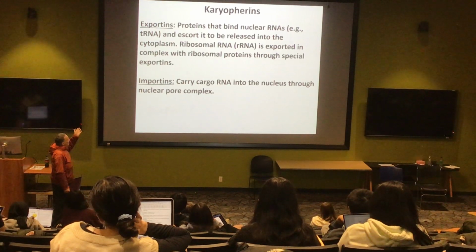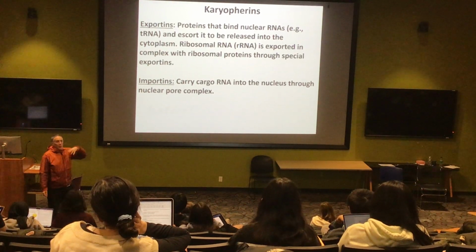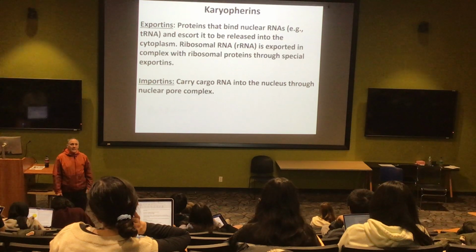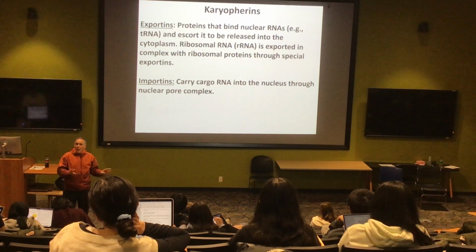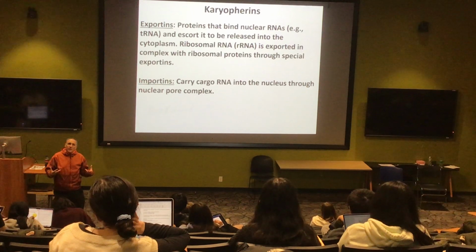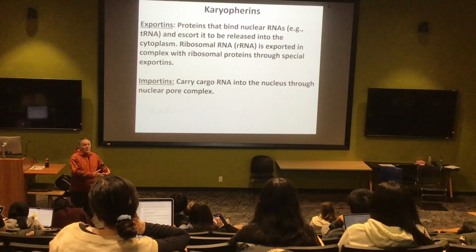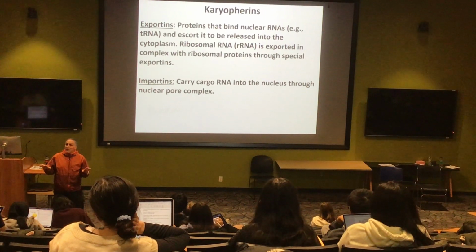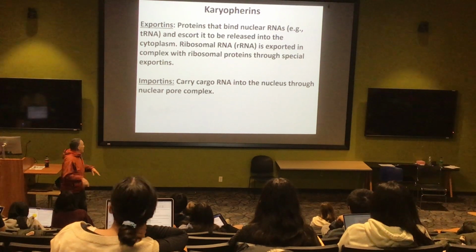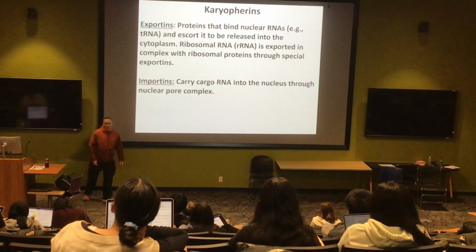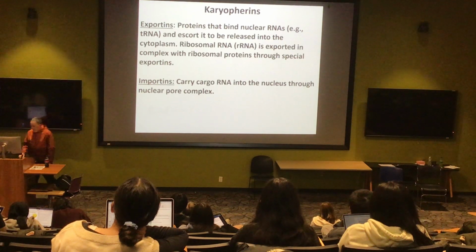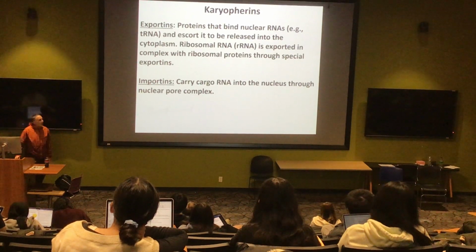Exportins will bind to nuclear RNAs, which are almost always associated with other proteins, and send them out. Again, really clear, the RNAs aren't going out by themselves. So the exportins have to export nuclear RNA complexes, even if those RNAs are meant to function in isolation. And similarly, we have importins. These importins carry cargo RNA, again typically bound to proteins, into the nucleus through the nuclear pore complex.